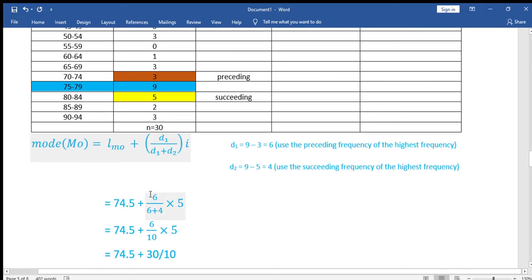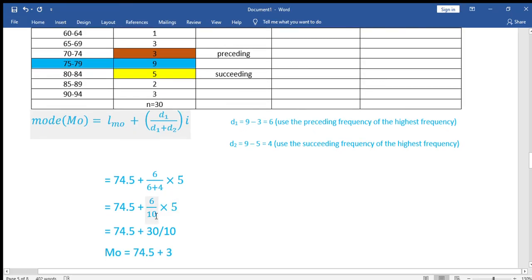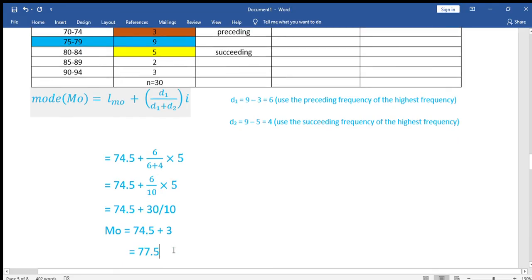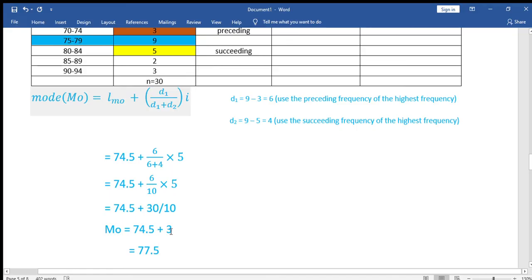Okay, so we have here now the formula: 74.5, the exact lower limit of the modal class, plus 6, that's our d sub 1, over the sum of d sub 1 and d sub 2, which is 6 plus 4, times 5. So we have 6 over 10 times 5, so we have 30. 6 times 5 is 30 over 10, that's equal to 3. So our mode is 77.5.